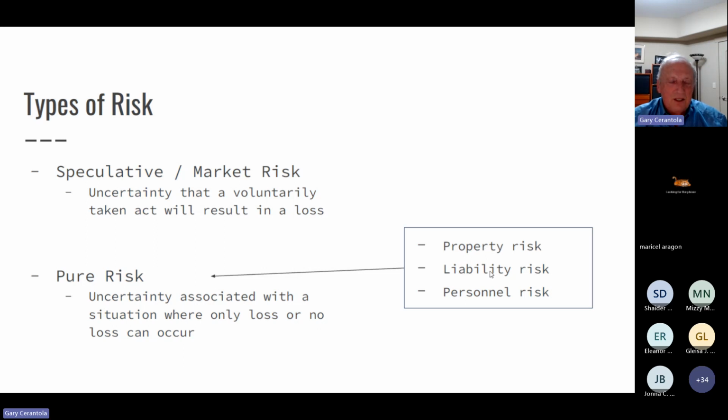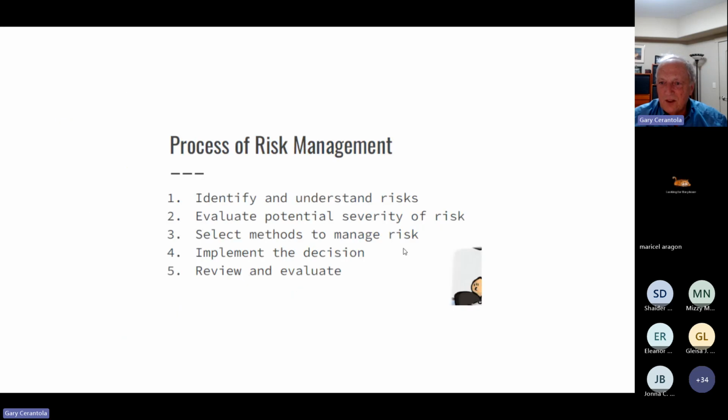Liability risk: I'm producing products that could produce harm to people, am I covered around that? And personnel risk: are my workers safe? Or did I put them in precarious, health threatening or accident threatening areas? So those are the things that you look at.